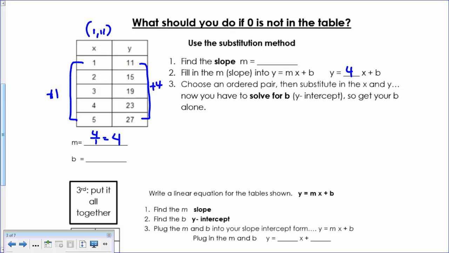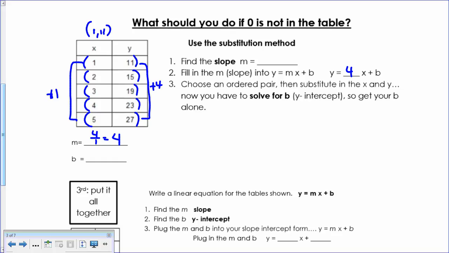So if I look at all these points, what would be the easiest point to use? Remember, work smarter, not harder. Out of all those coordinates, which one would be the easiest for me to use?